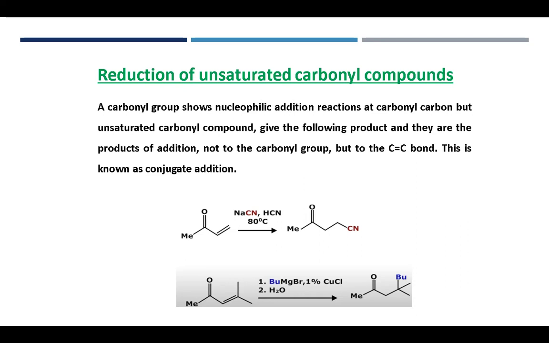A carbonyl group shows nucleophilic addition reactions at the carbonyl carbon, but when you look at the example shown here, unsaturated carbonyl compounds give the following product, and they are the products of addition, not to the carbonyl group, but to the C=C double bond. This is known as conjugate addition, or direct addition to the carbonyl group.